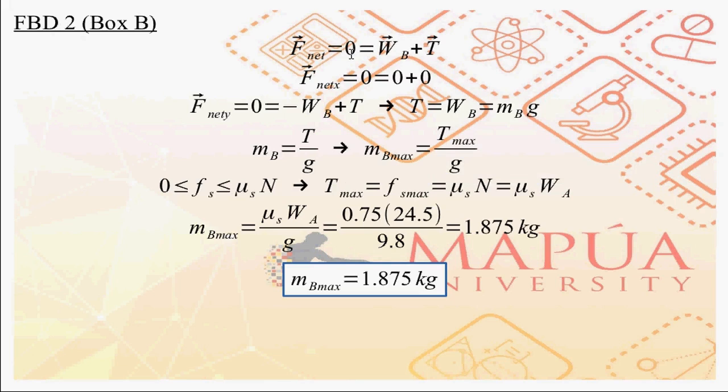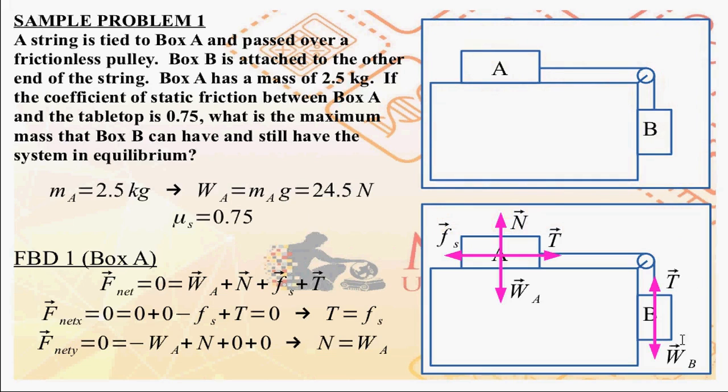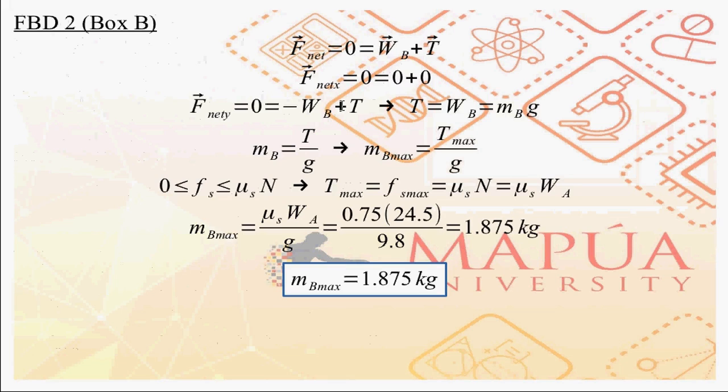Again, these are vector quantities, so we use the component method. You have x component and y component. X component of Fnet is Fnet x. X component of 0 is 0. Looking at the diagram, all the forces are vertical, no x component. So we get no information from the x component.